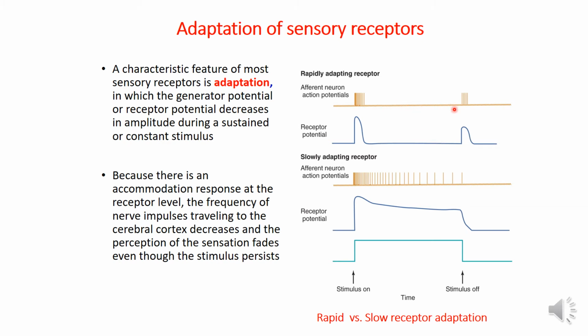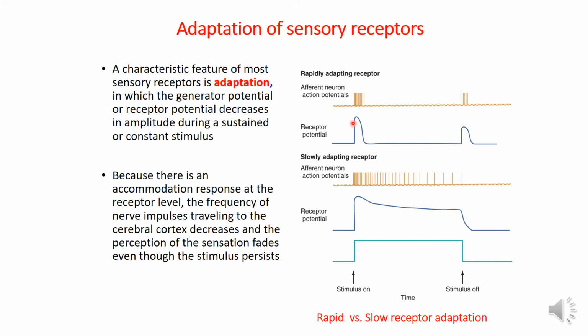And when the stimulus is off, at termination of stimulation, they discharge again, make a receptor potential again, and make an action potential again. During the continuous application of the stimulus, there is no receptor potential.